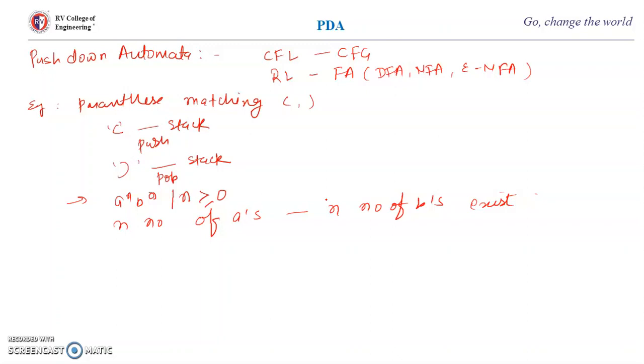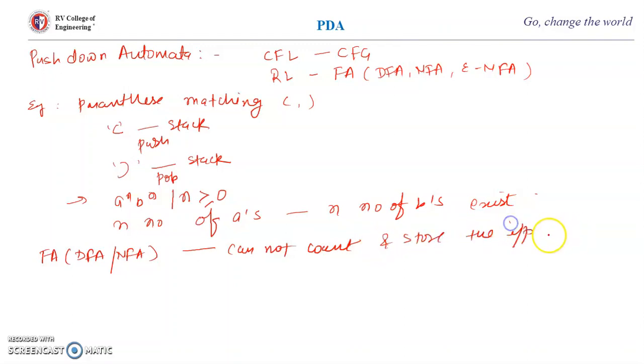Since DFA and NFA cannot count and cannot store the input for future reference, that is the limitation of finite automata.